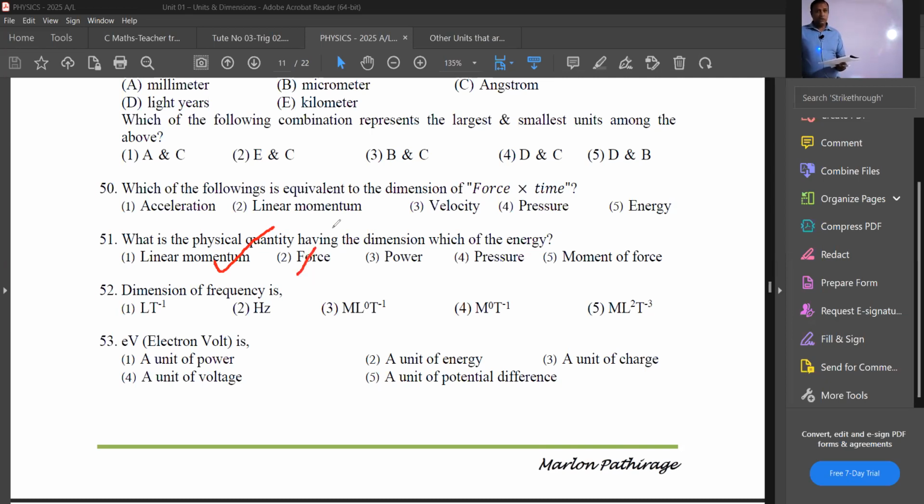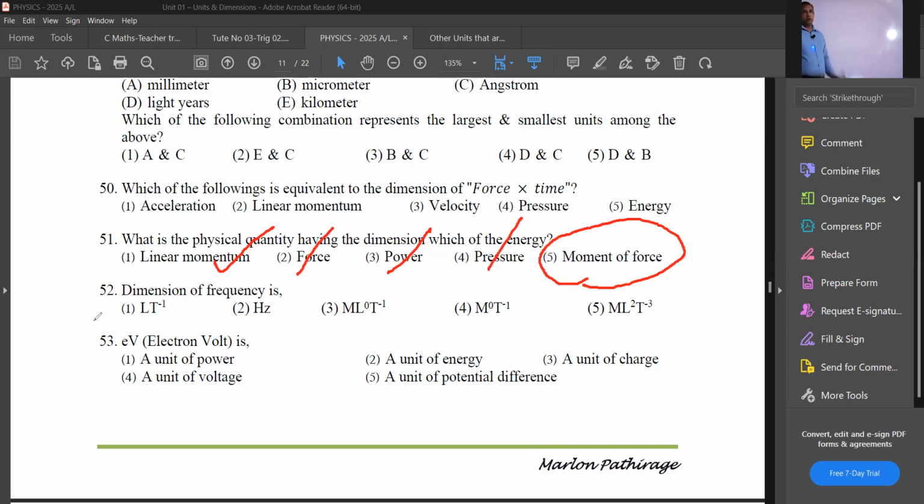Force is not equal to energy. Power is not equal to energy. Pressure is force over area, which is not equal to energy. Force into distance is equal to energy. So the remaining answer is answer number 5.